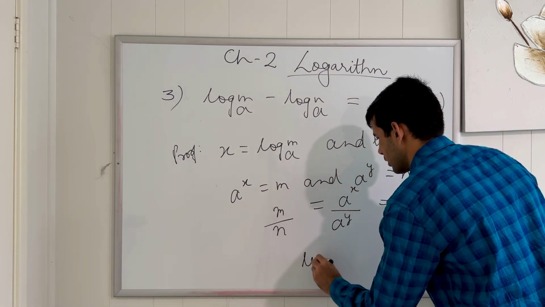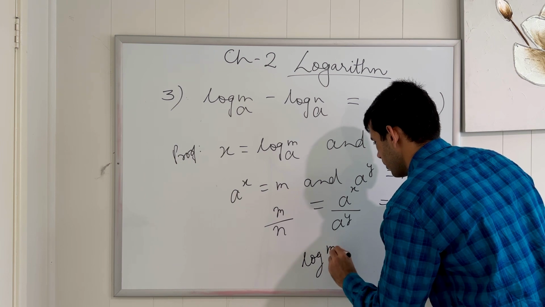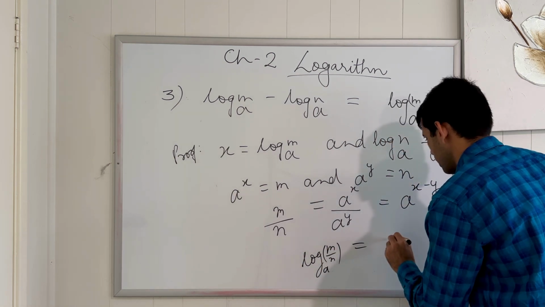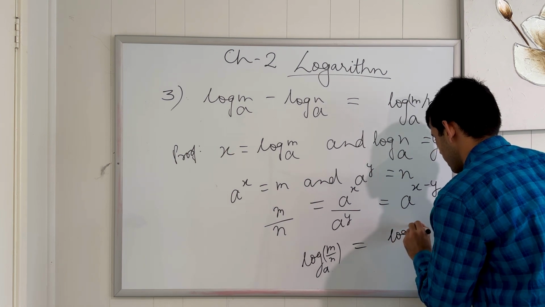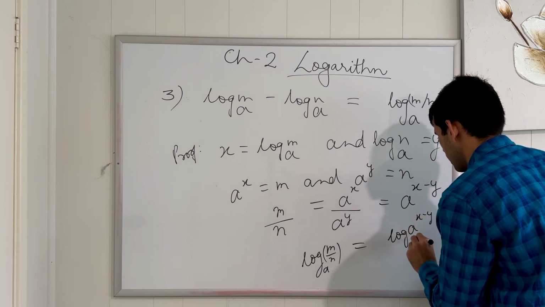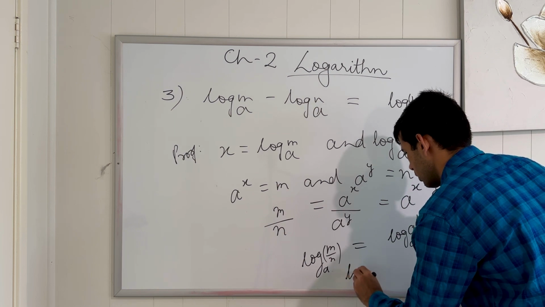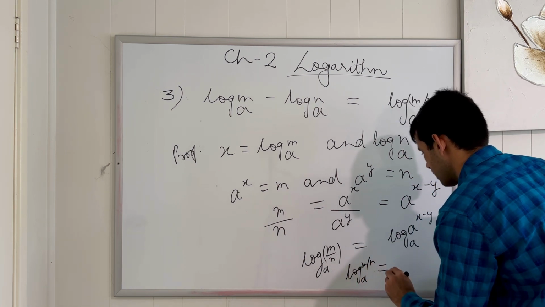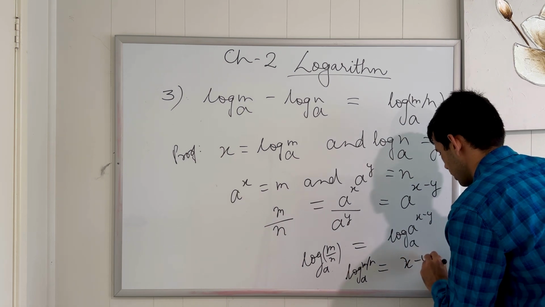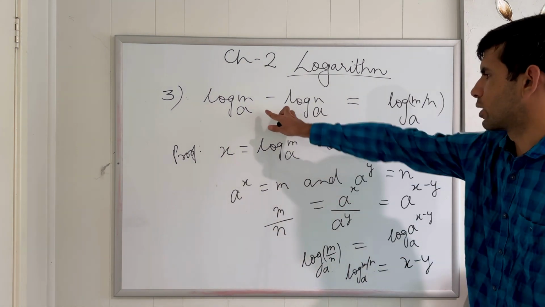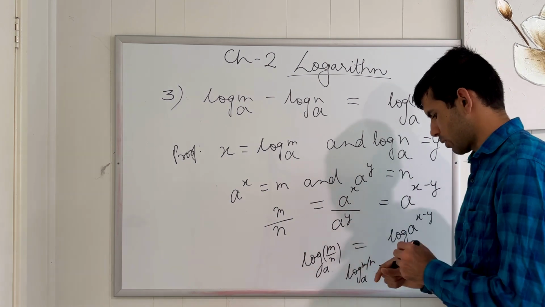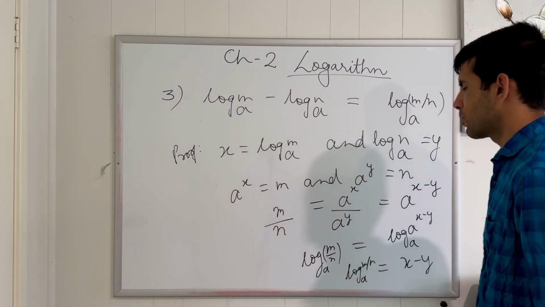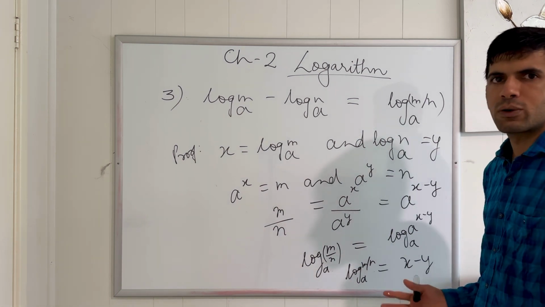And now if you take the log on both the sides, log m divided by n base a is x minus y, and x minus y was this one. Correct? So again, it's a simple proof. So this is the third property. You can just pause the video and write it down.